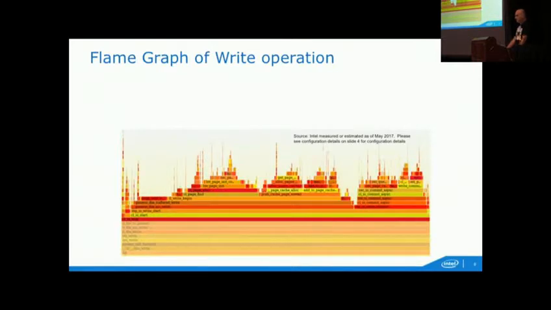So let's look at how much time we spend in each operation. This is the flow graph of only the write operation. You can see that about half of all the time is spent on page cache allocations.